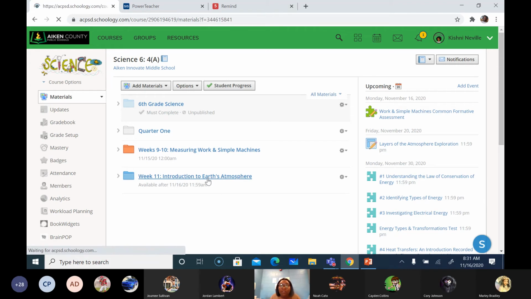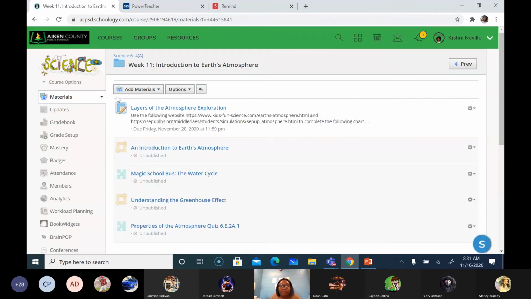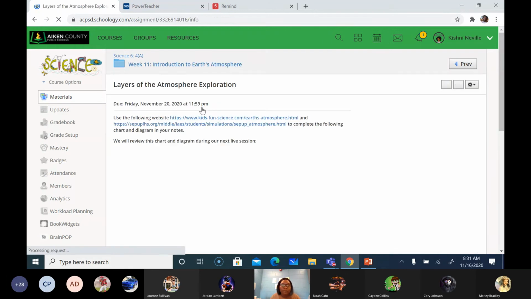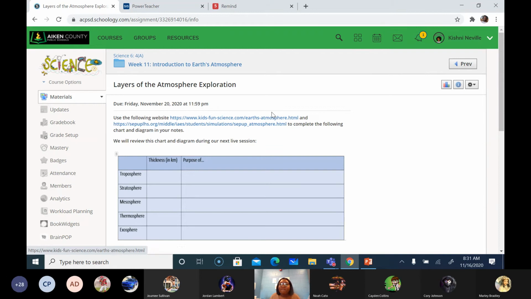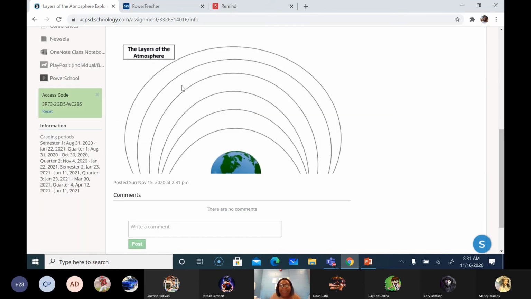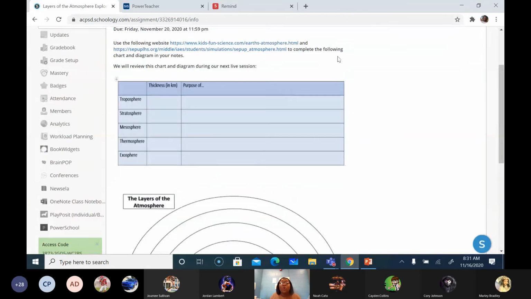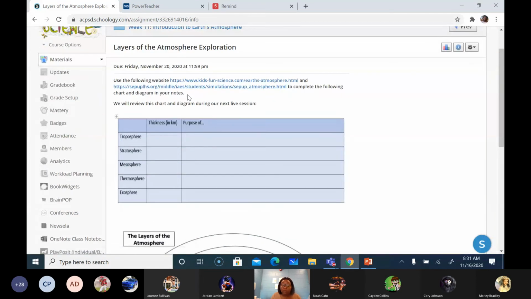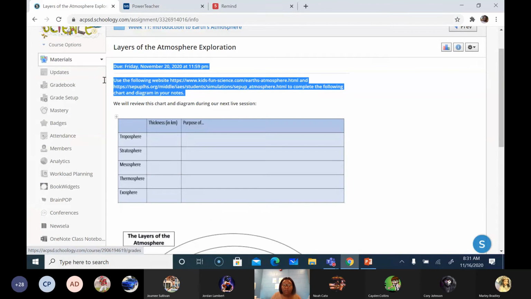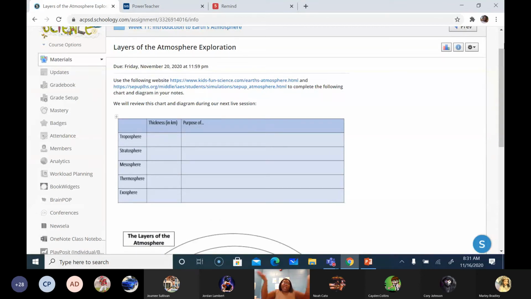When you click on that folder, you're going to see the Layers of the atmosphere exploration. Please click on it. There is nothing for you to turn in. This chart and the picture are two things you're putting in your notes. Please read the directions.